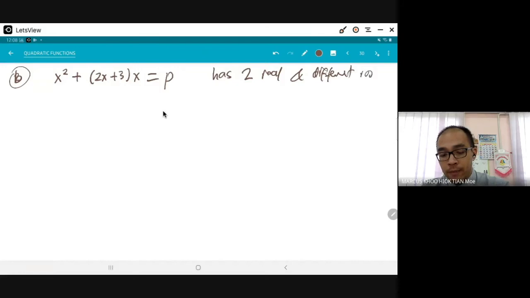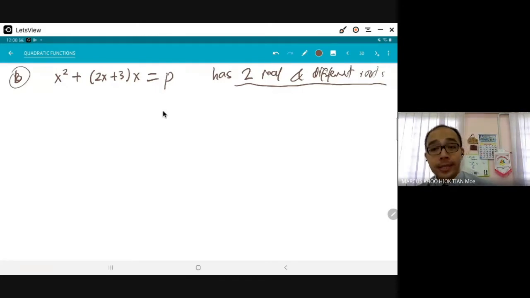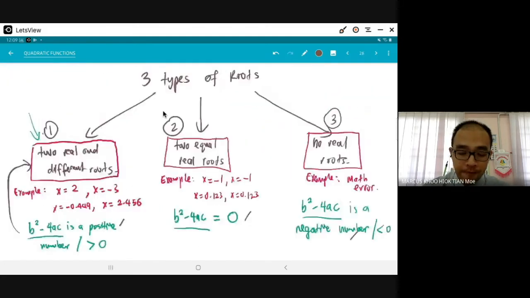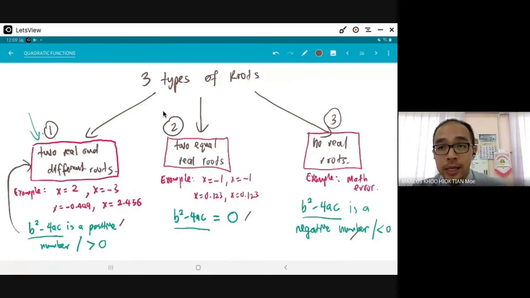Okay, ayat ini kan maksudnya apa? Dari segi discriminant, B squared minus 4AC, 2 real and different roots. Dia adalah kategori 1 bahkan. 2 real and different roots means our B squared minus 4AC is a positive number. Or, dia adalah more than 0.